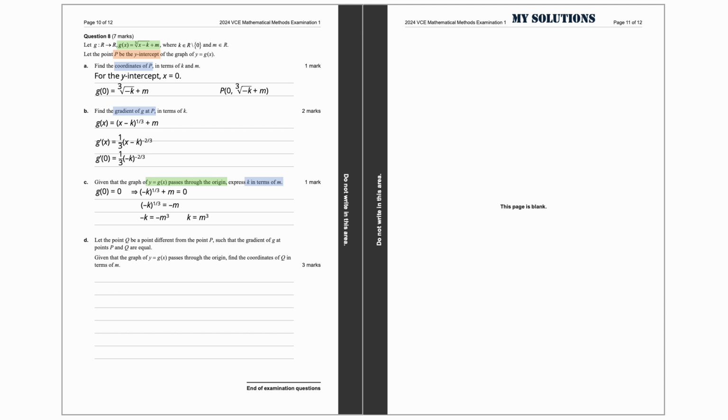Part D. Let the point Q be a point different from the point P, such that the gradient of g at points P and Q are equal. Given that the graph of y equals g of x passes through the origin, find the coordinates of Q in terms of m. Let's have a look at the graph of g of x.